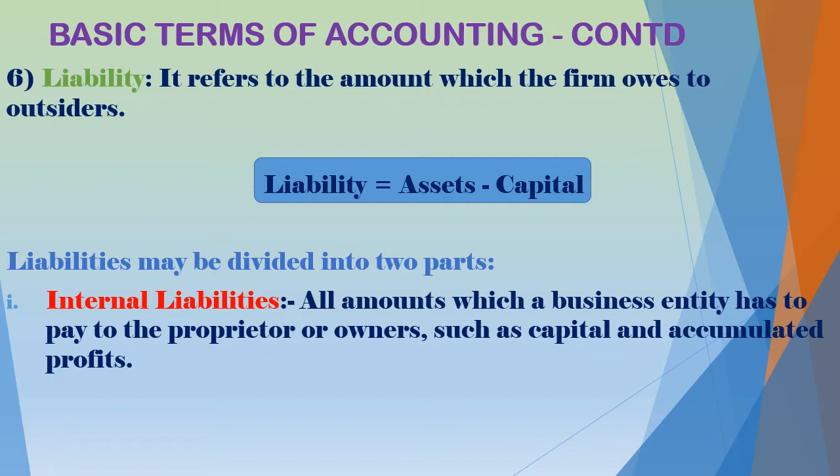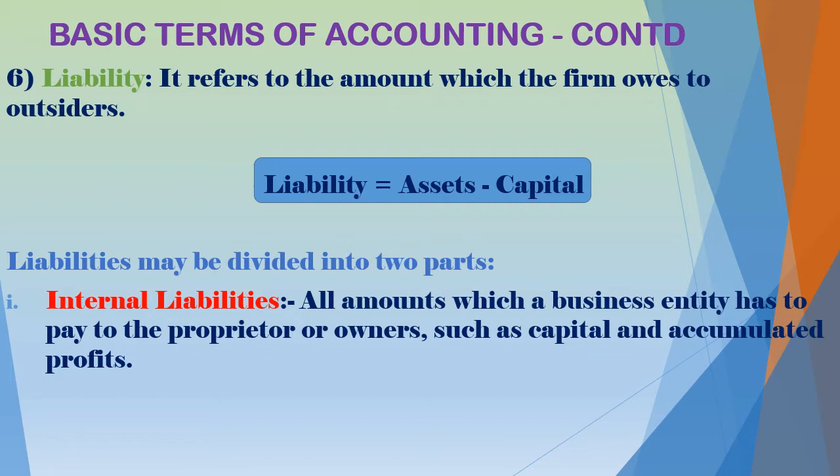So here let me again tell you what we have already learned in the phases of evolution of accounting: the business entity and the person who is running the business, the owner of the business, are separate from each other. The business entity is an artificial person which functions separately like a person, and the person who runs the business or owns the business is separate.